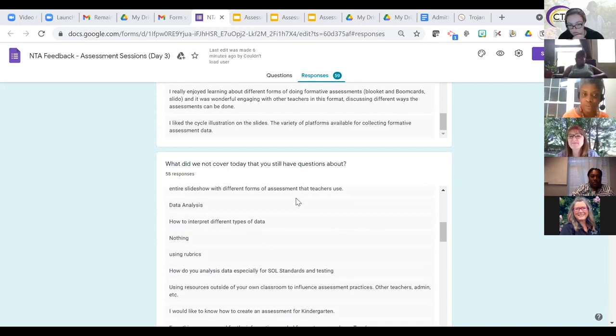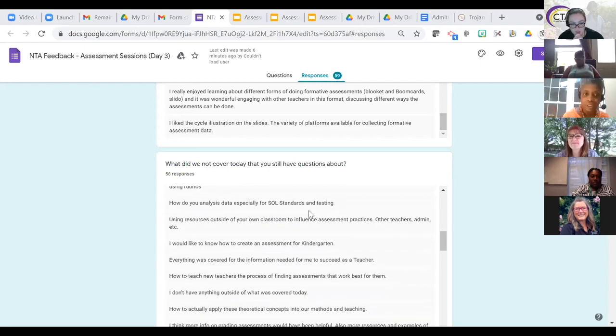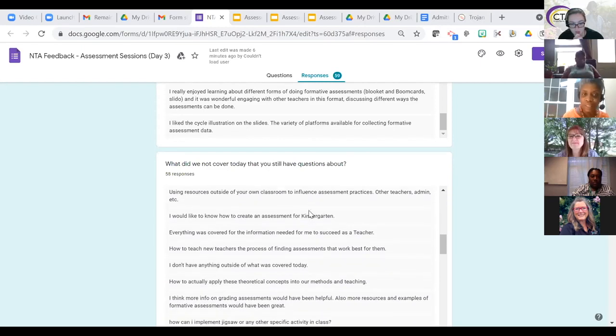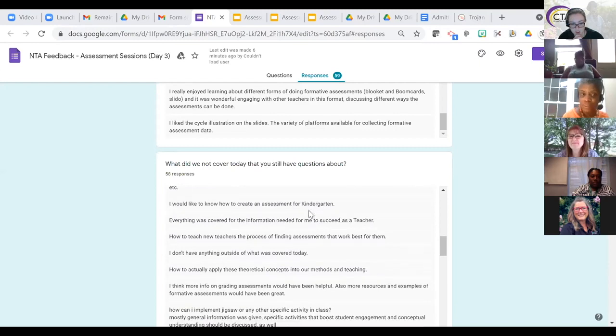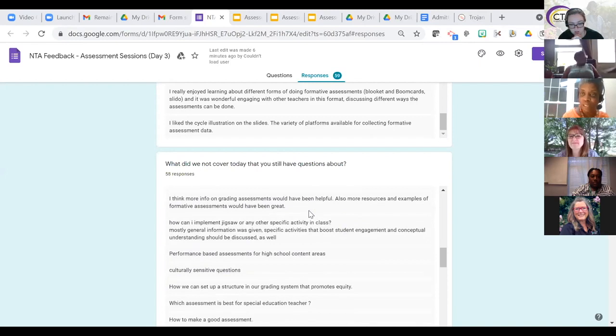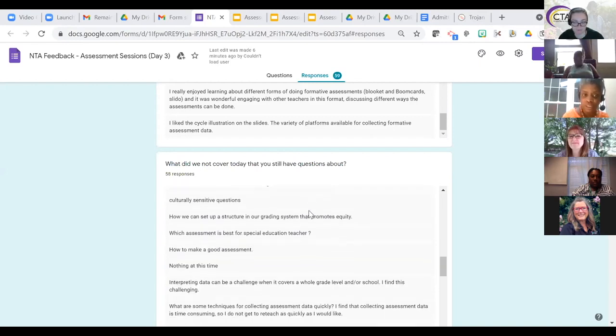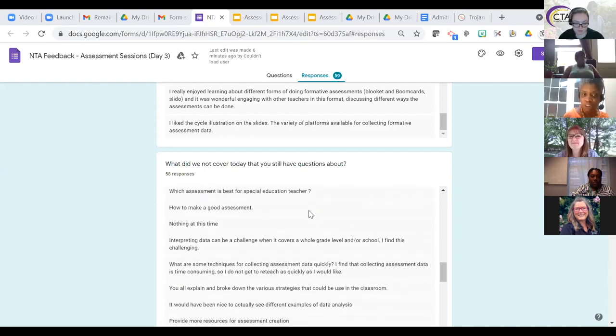And as we plan to move forward: data analysis, how to use different types of data, use of rubrics. Everything that you have written down here, I definitely agree with and understand. And this is good data and information for us as we move forward. Performance assessment, culturally sensitive questions, nothing at this time, interpreting data.